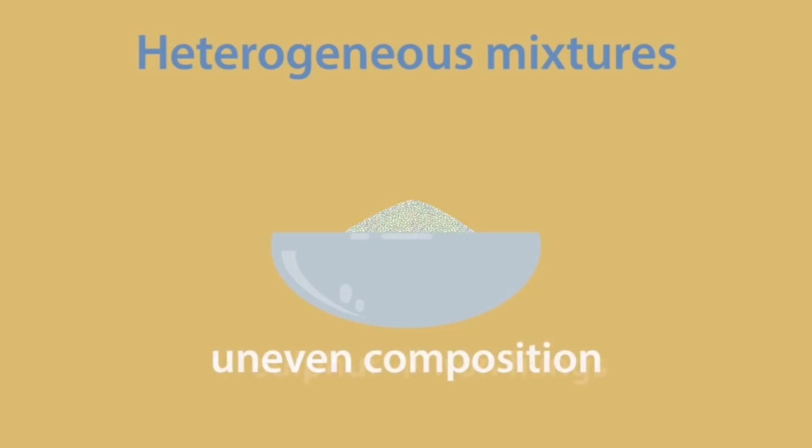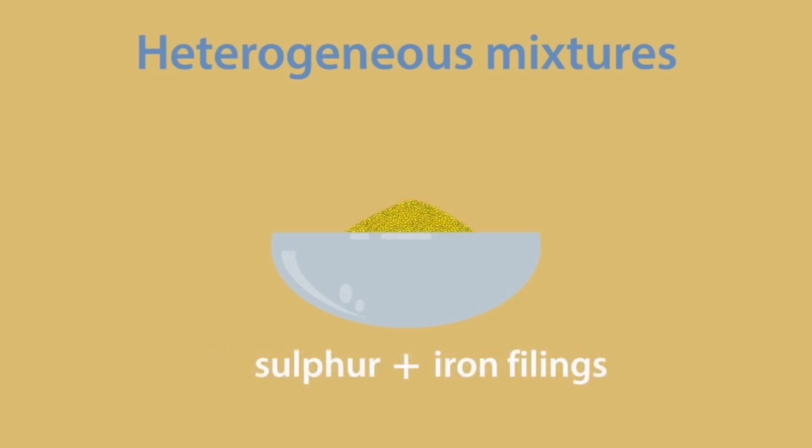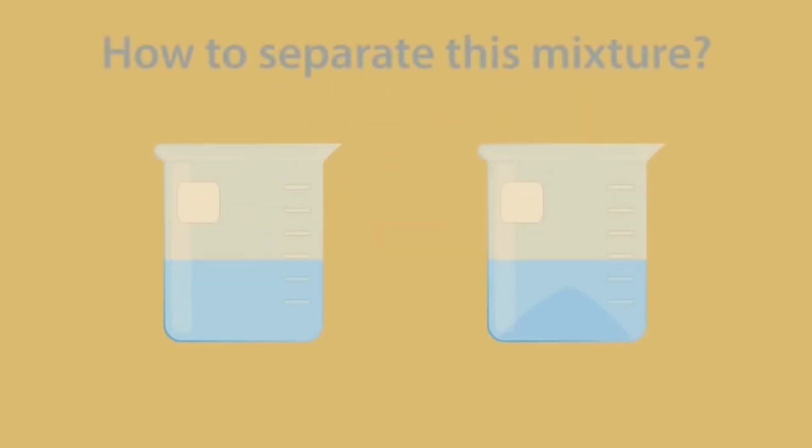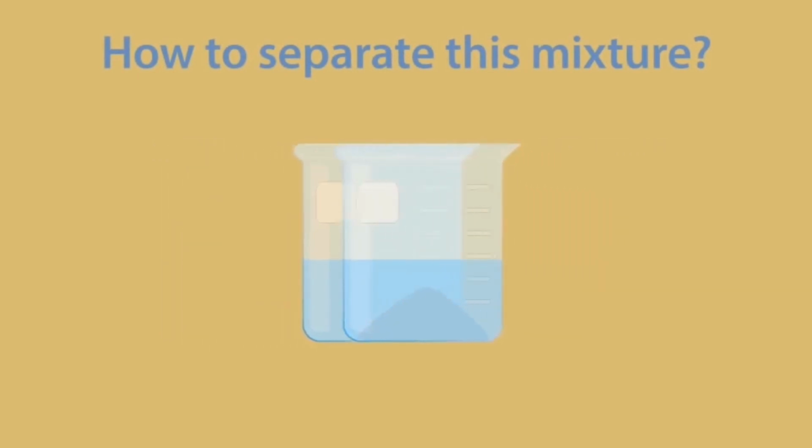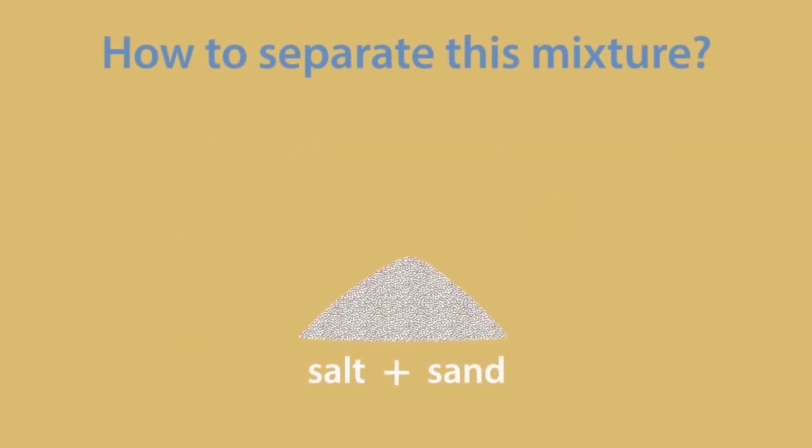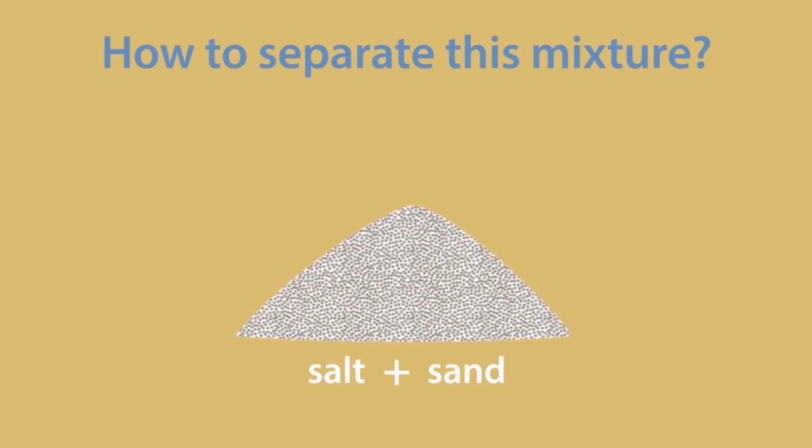If we have a mixture of sulfur and iron filings, we can easily separate this mixture with a magnet. The magnet will remove all of the iron filings, leaving behind the yellow sulfur powder. We know that salt is completely soluble in water, but sand is not. How would you separate a mixture of salt and sand easily, keeping in mind the solubility of salt in water?